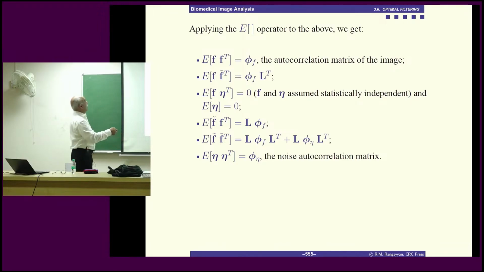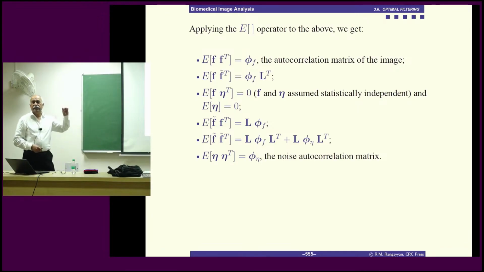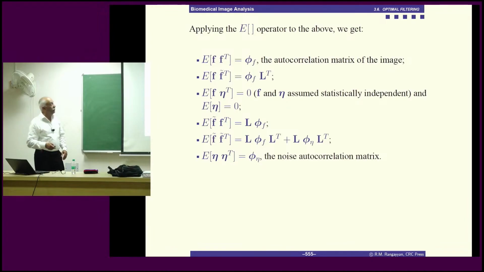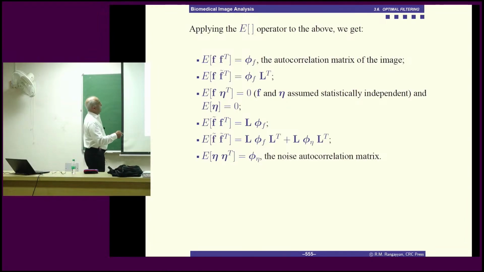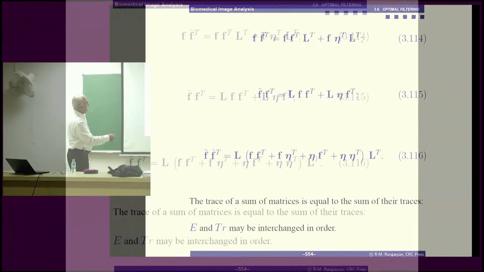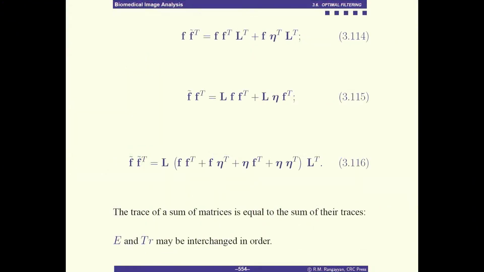Fn, and where is the other one? It's not here. Okay, this is 0 because F and n are assumed to be statistically independent. This is an assumption made in Wiener filtering, that the noise and signal, when you project them, the expectation is 0. The expectation of n is 0, of eta is 0. Expectation of F tilde F is that, transposed. So L phi f. And this big expression we had here, you take this and that, and these cancel out.